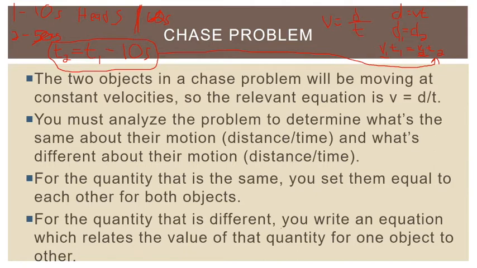I hope it's obvious to everybody, but I'm just going to point this out too, just so we're not confused. If they don't tell you which way the objects are running and you're trying to visualize it, it's very important to realize that if one person starts in front of the other, so like let's say this is person 1 on the left and this is person 2 on the right, if they're running to the right, that means person 1 has to be going faster. Remember, it's a chase problem.